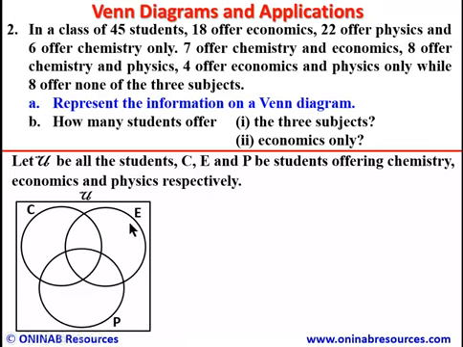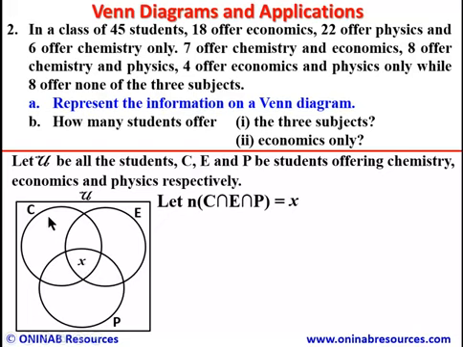So it is our tradition to start from the students offering the 3 subjects, 2 subjects, then the 1 subject. So the set notation is C intersection E intersection P, where the number of students will be represented as X, and it is in this region.